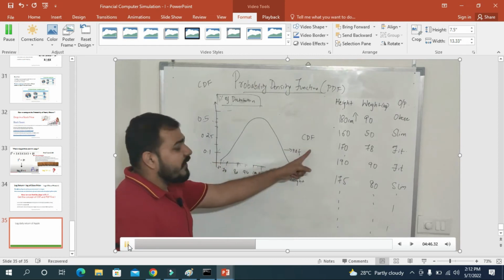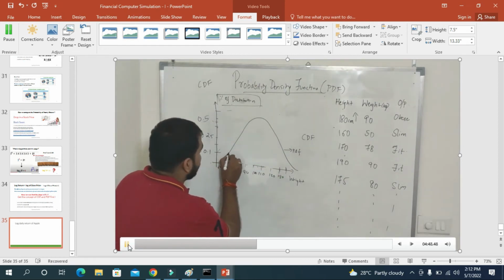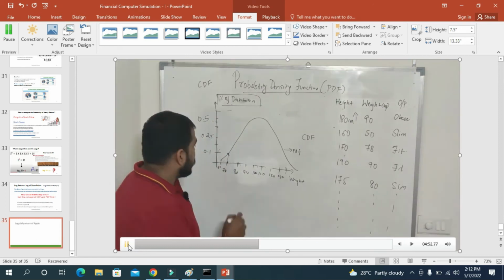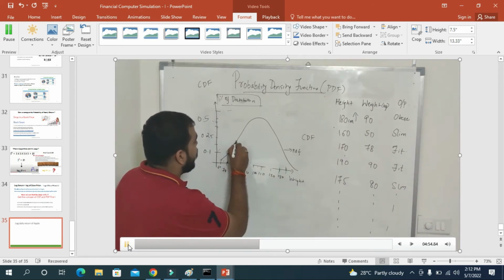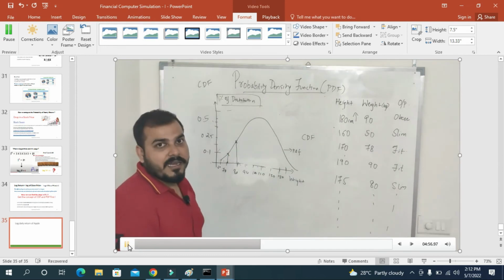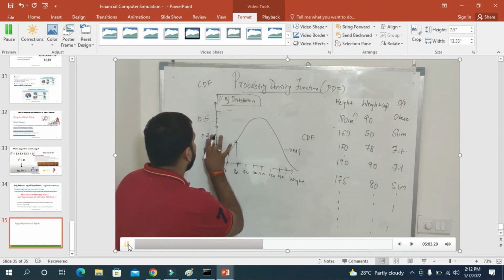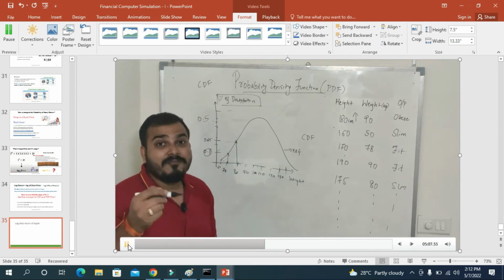Now in CDF, what will happen is that suppose this particular point that I see over here is 0.1. Now suppose for this particular point I want to find out what is the total value. That basically means I have to add this 0.1 and whatever value this is, suppose this is 0.25.